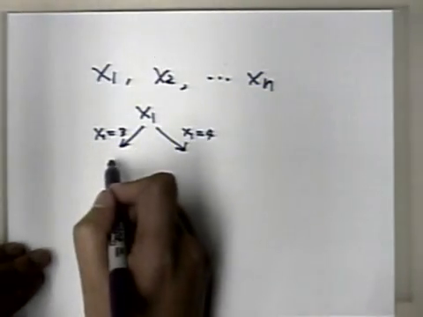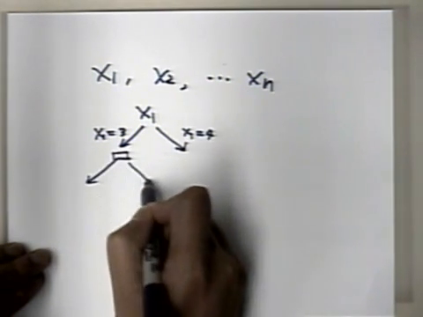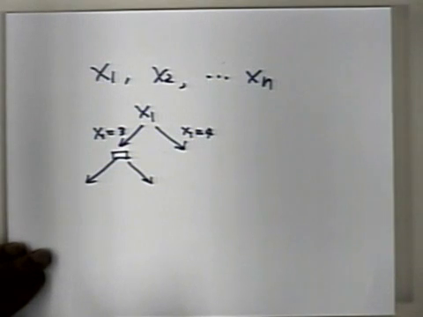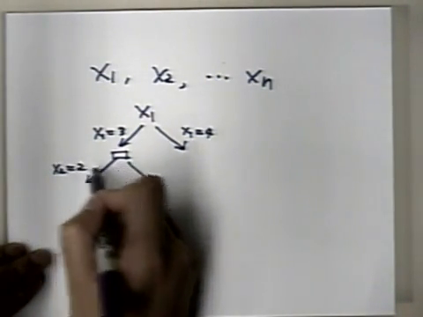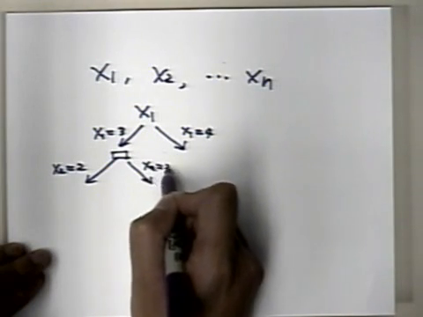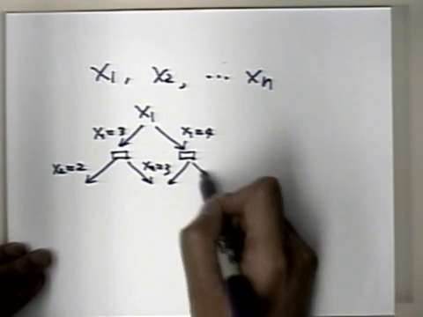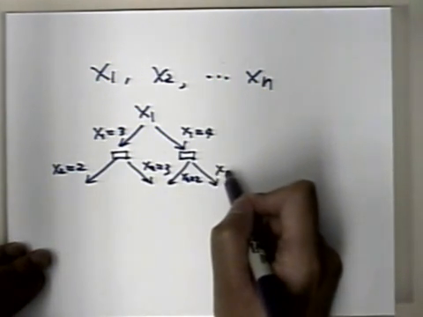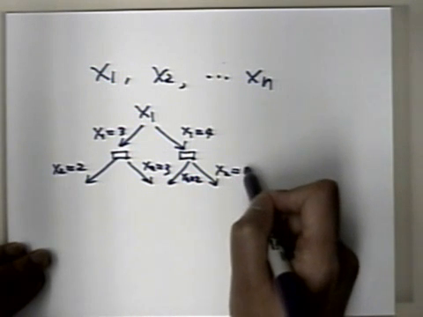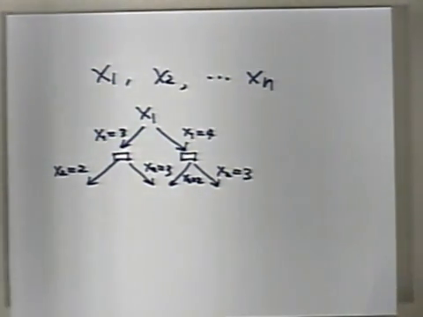Then another branch for x2, right? This is like x2 is 2, x2 is 3, for instance. And then I do another branch here, also x2 is 2, and then x2 is 3, right?